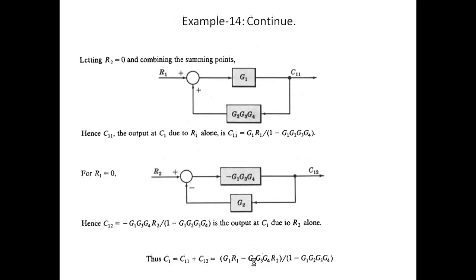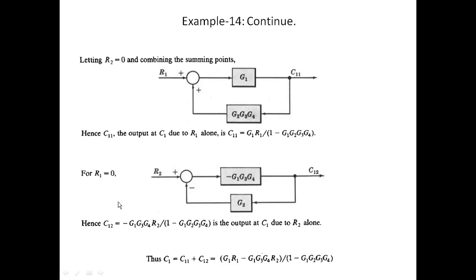For C11, R2 is equal to 0, so we get a simplified block diagram like this. C11 is nothing but G1, and this is a positive feedback system, so G1 upon 1 minus G1 G2 G3 G4, into R1.